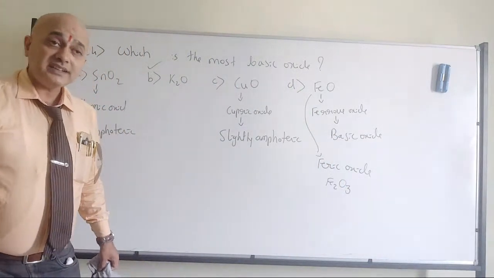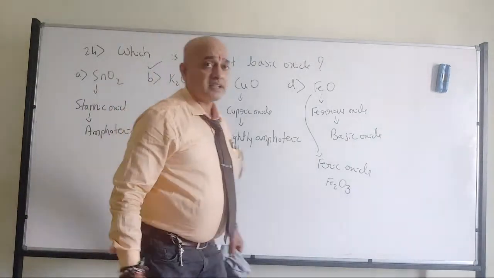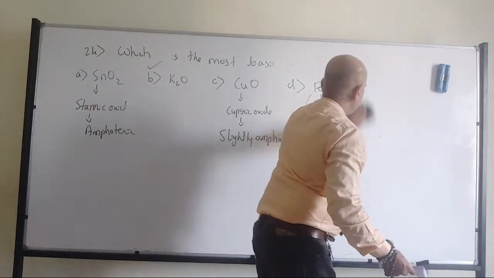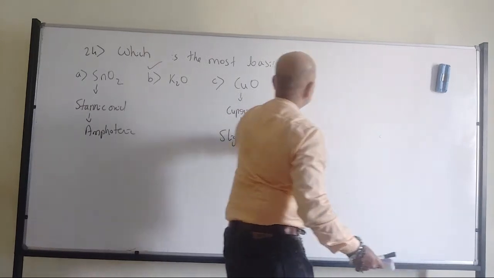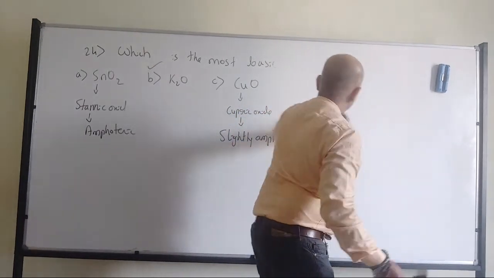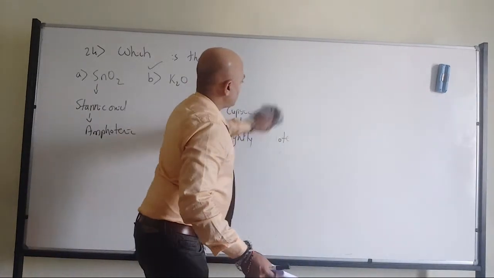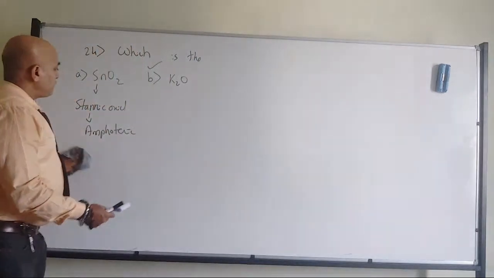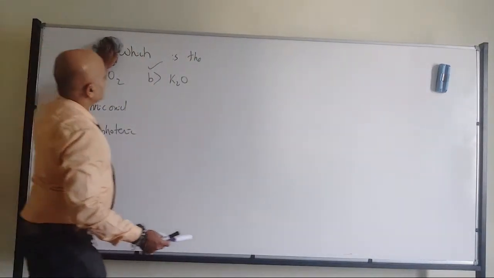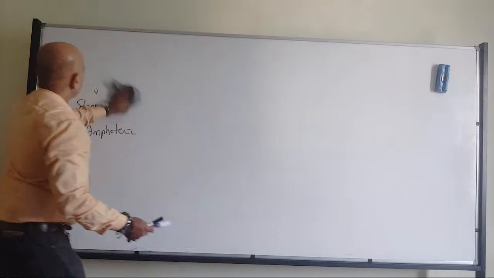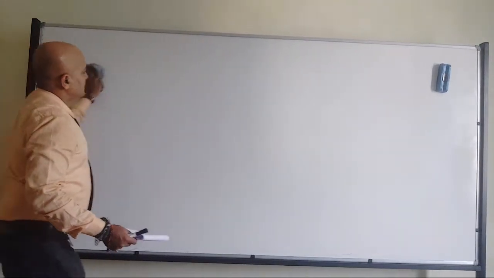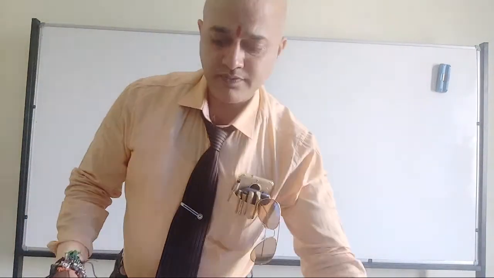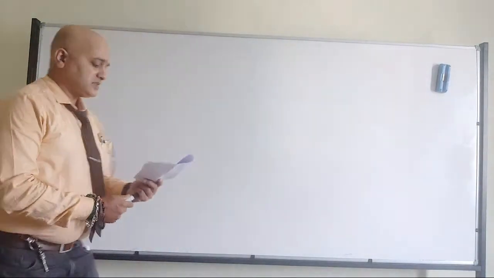Due to that it has basic character, because it can donate an electron. That's the feature of a base; bases are electron donors. All of you have understood? Fine. So which is more amphoteric in nature? Stannic oxide. Next comes copper oxide, that is cupric oxide, which is slightly amphoteric in nature. Okay, now the last one.